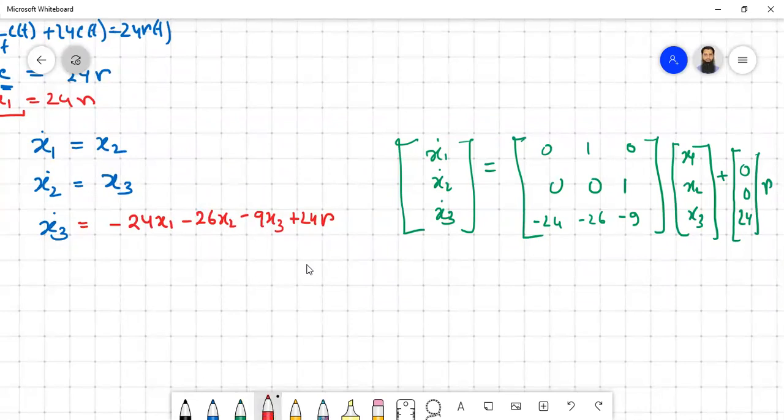So this is our matrix A, this is our matrix B.